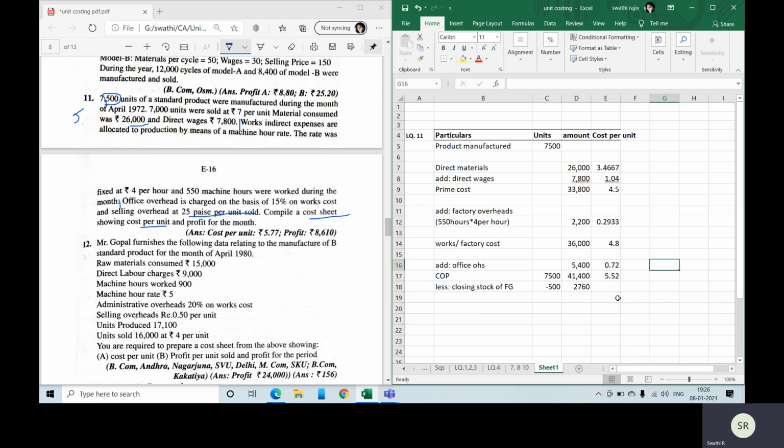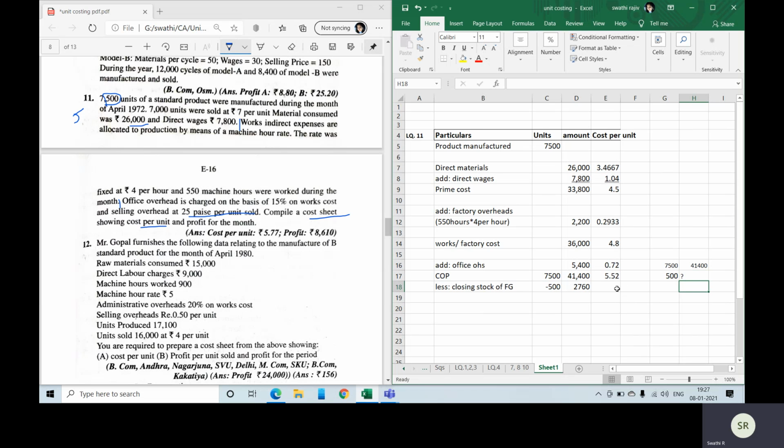So what did I do? For producing 7,500 units, the cost is 41,400. Then the question is, how do we value 500 units? You do this calculation and this is what you will end up with.